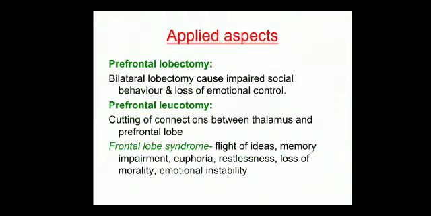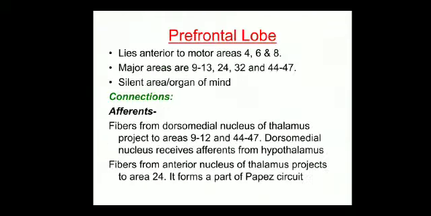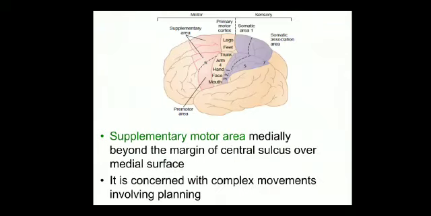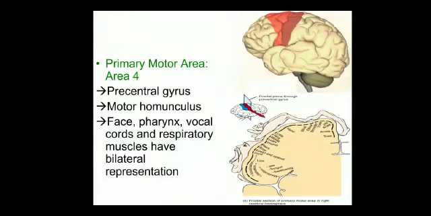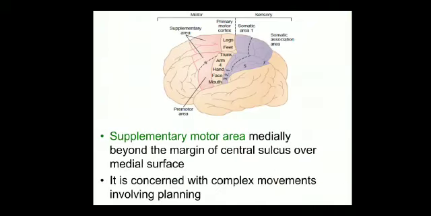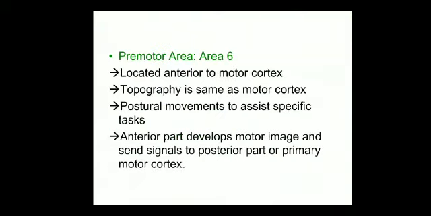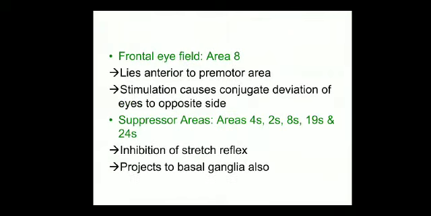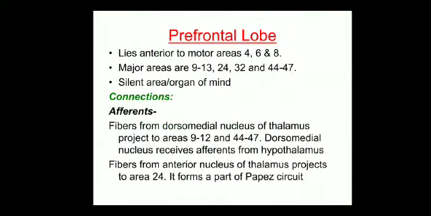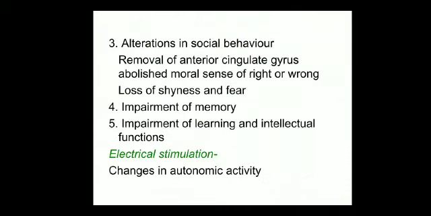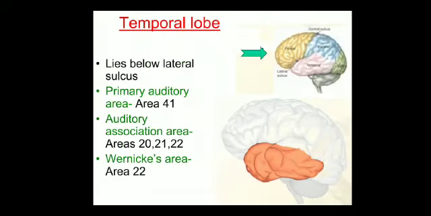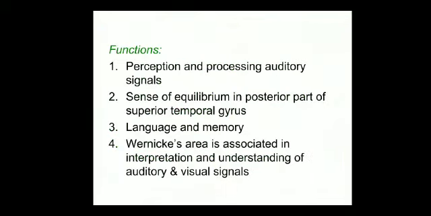It was already dealt with while doing the descending tracts, that is the precentral gyrus, the motor homunculus, and how the different parts of the body are represented. And you know about the premotor cortex, the supplementary motor cortex, and what will happen if there is damage to each one. You should know about the frontal eye fields.